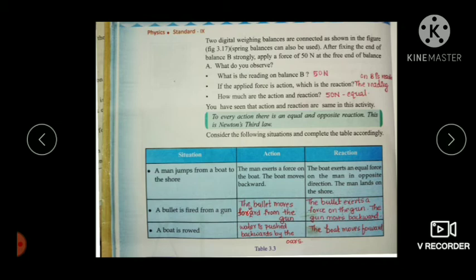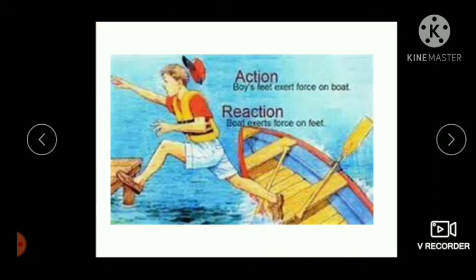Then consider the following situations and complete the table accordingly. First situation, a man jumps from a boat to the shore. So in this case we have to find out which is action and which is reaction.